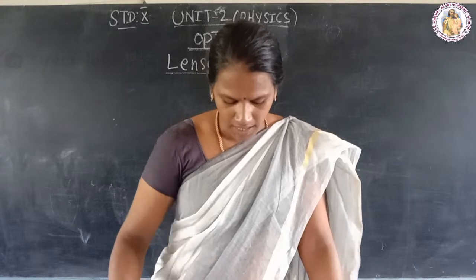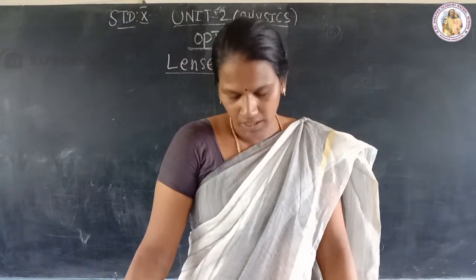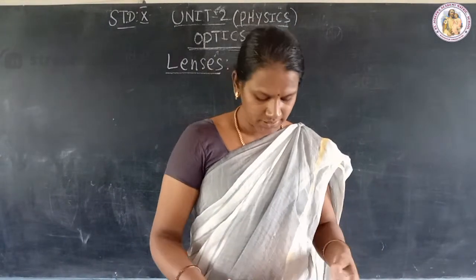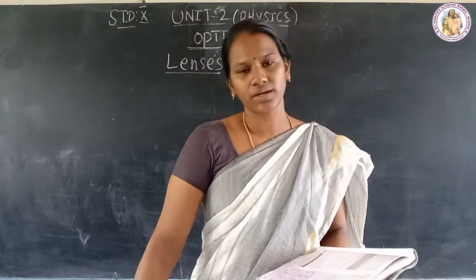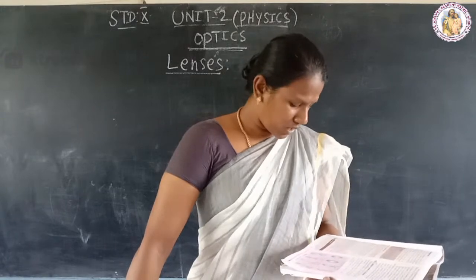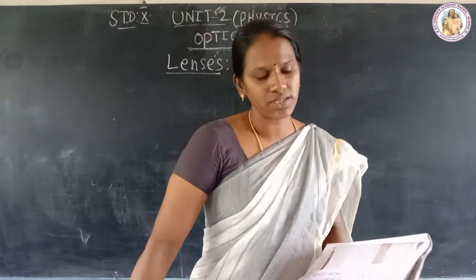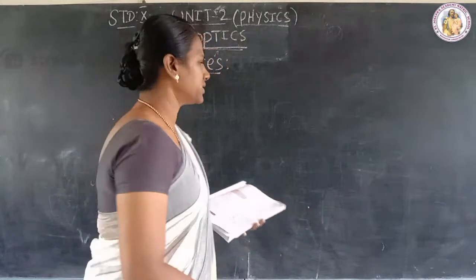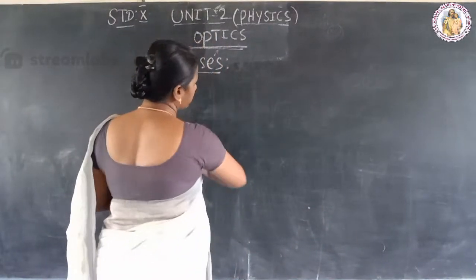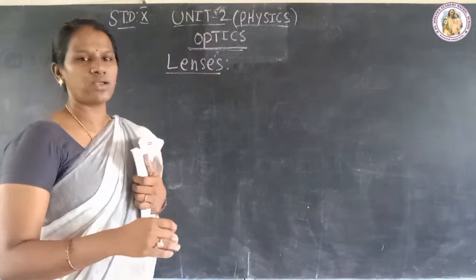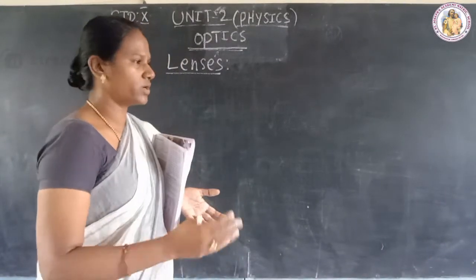A lens is an optically transparent medium bounded by two spherical refracting surfaces. Optically transparent medium means it can transfer the light from one side to another.